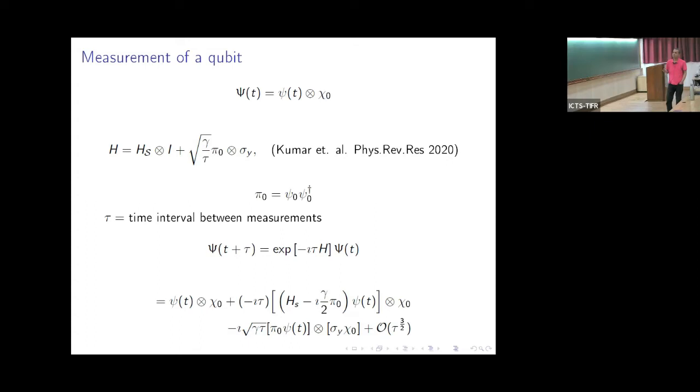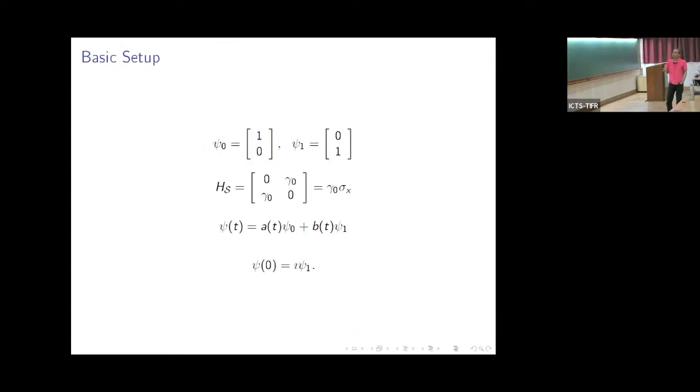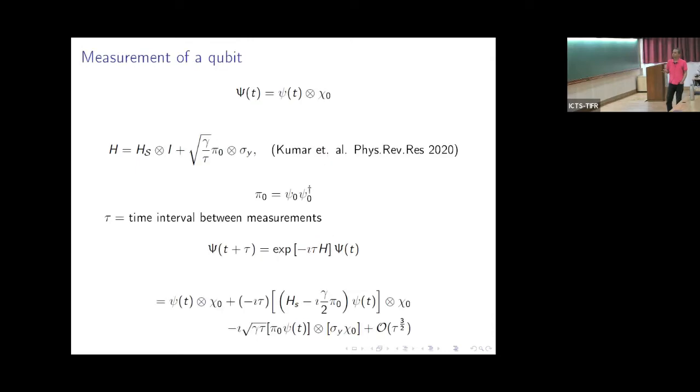Then the interaction process is such that the detector rotates about y, and this pi0 is a projection on chi0 state, and tau being the time interval between measurements, or we let the two entangle for the time interval tau. They evolve for time tau, and after time tau, the state of the combined system would be this. So this H is the Hamiltonian, and this. So if we do a proper expansion of this, then we obtain this combined state.